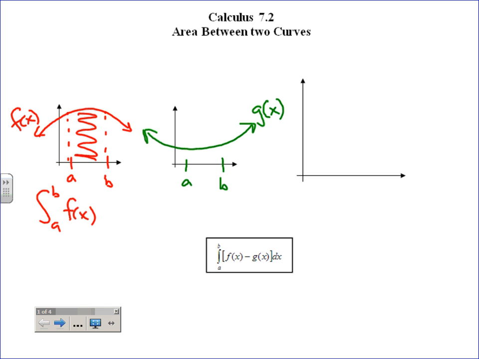But if I asked you to find the area there, you would just integrate g of x, right? Of course, dx on both of these, but from A to B. Dx basically means you're going to the x-axis. That's what that means. And if you did that one, you would be finding that answer, correct? Are we in agreement with those two statements?